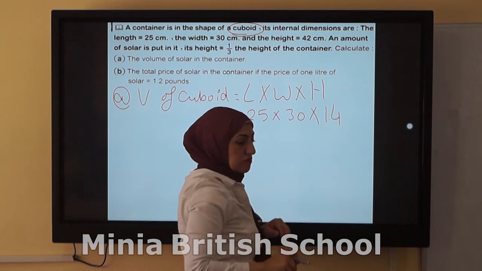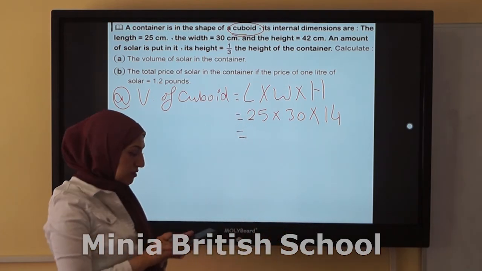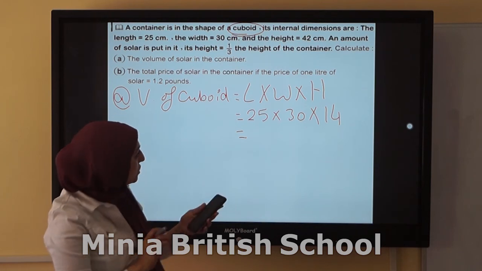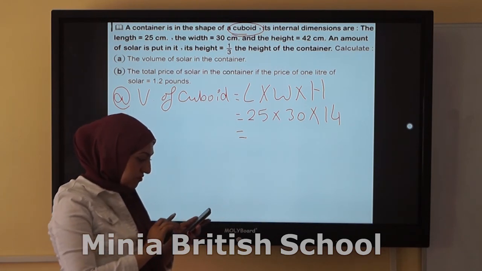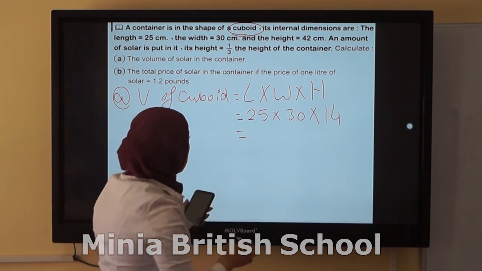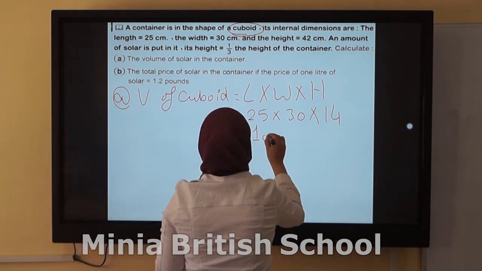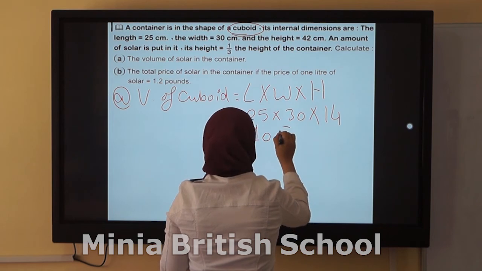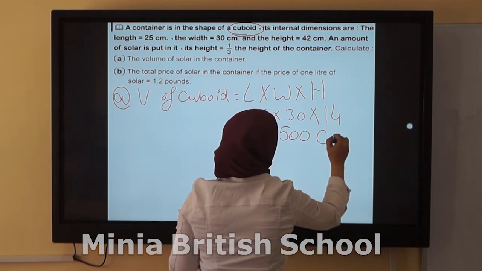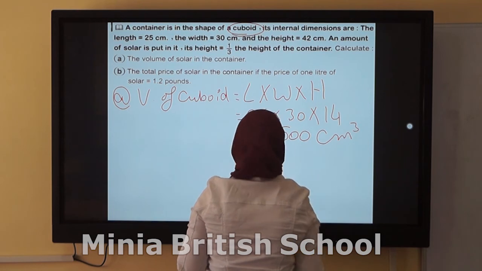I have a calculator. 25 times 30 times 14 equals 10,500 cubic centimeters. Okay.